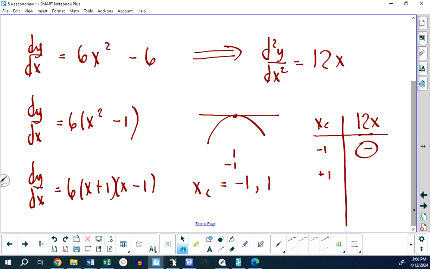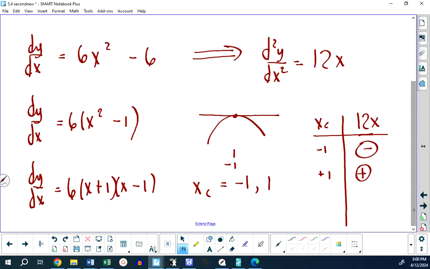At positive 1, when I put positive 1 into the second derivative, I get a positive result. Don't worry about what the value tells you, okay? You know, the value of the first derivative tells you the slope. Don't worry about what 12 tells you about the second derivative. It's the slope of the slope. It's a weird thing.